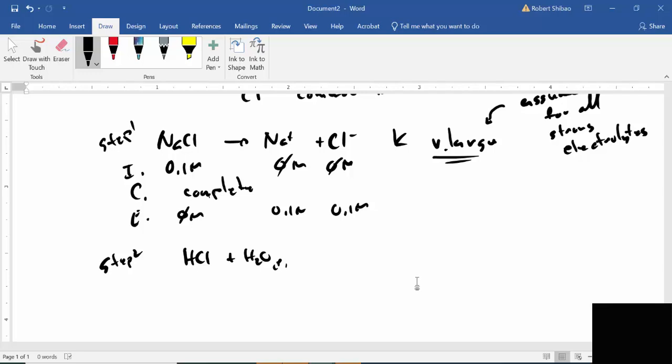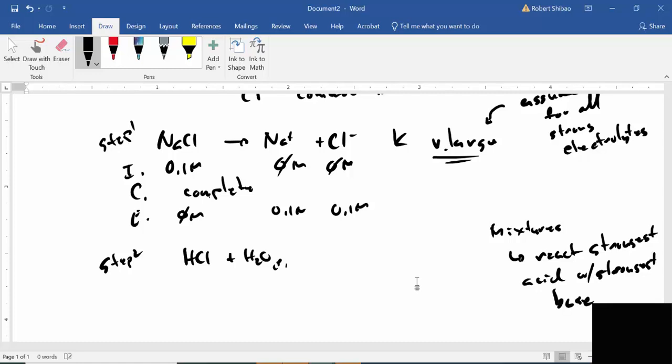Now what we do in these mixture problems, we want to react the strongest acid. It doesn't have to be strong, but just the strongest acid present with the strongest base present. So the strongest acid present is going to be HCl.